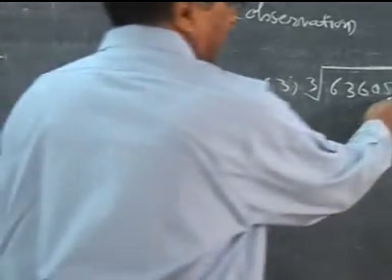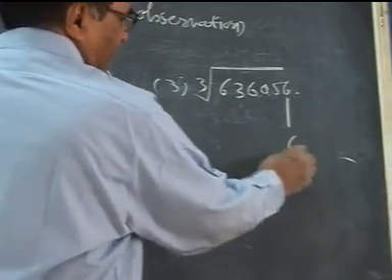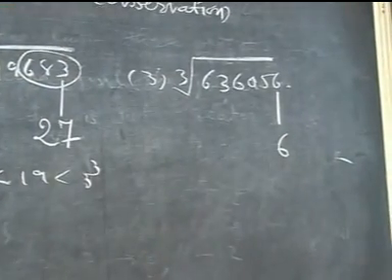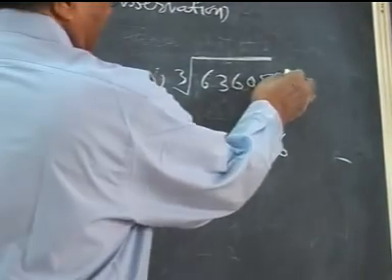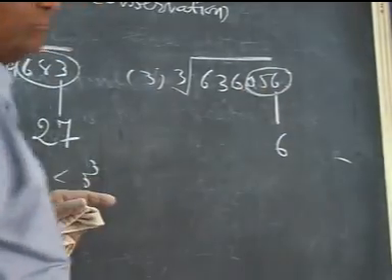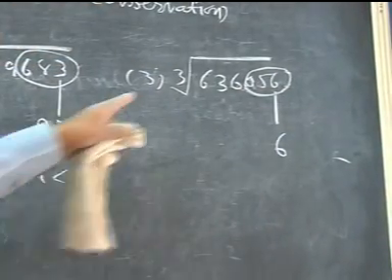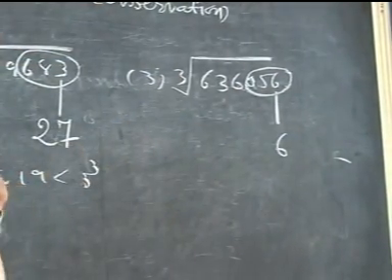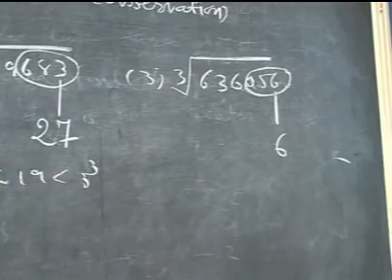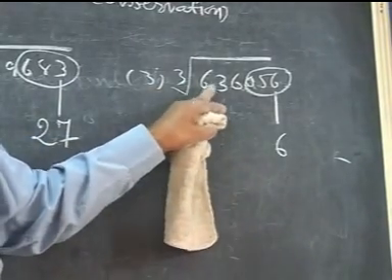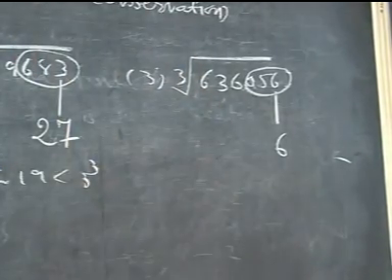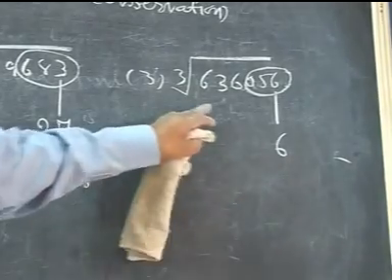Same way here, the cube root will have 6 at the end. Remove the last 3 digits. Now you can see 5 cube is 125. Can you find the greatest number whose cube is not greater than 636?